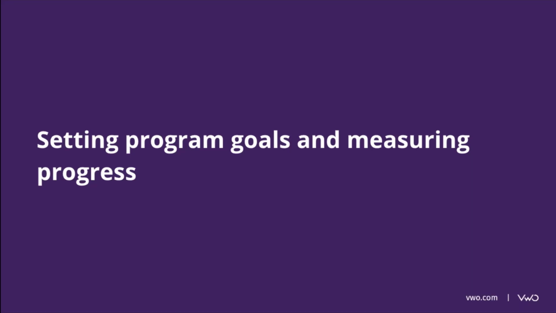Successful conversion optimization teams set goals, and then they measure them over time, and you have to track both the volume and velocity of experiments that you are running. You can also, let's say, measure the time it takes an experiment to go from idea to deployment. You can also track how many experiments you have at each stage of the process.